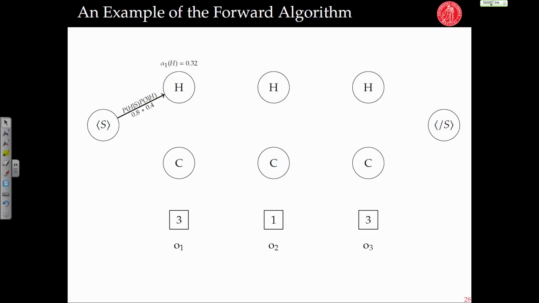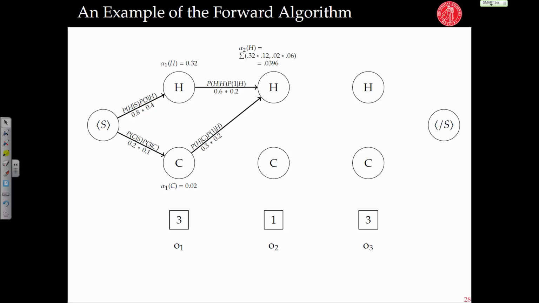There's only one path from the start state to a hot day. So that basically boils down to multiplying the transition probability by the emission probability. The same here. And we are recording alpha. So alpha 1h means the probability of having state h at time point 1.